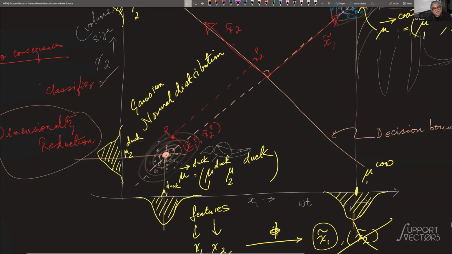Now, when you do the hilltops, obviously their centers will differ. The center of the cows will be far off, big heavy things in the feature space. The center for the duck hill, the hill of the ducks, will be closer to the origin. They're light, small things. So the mu's will be different.